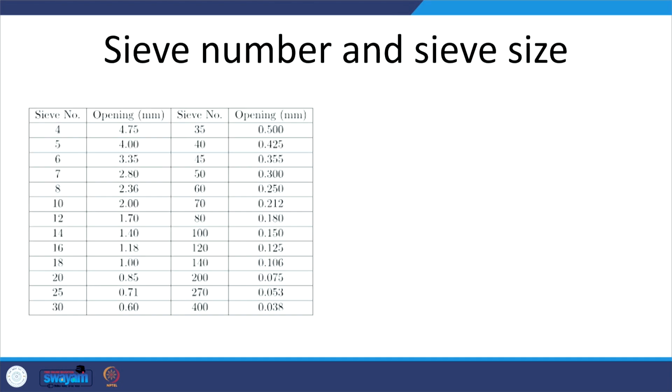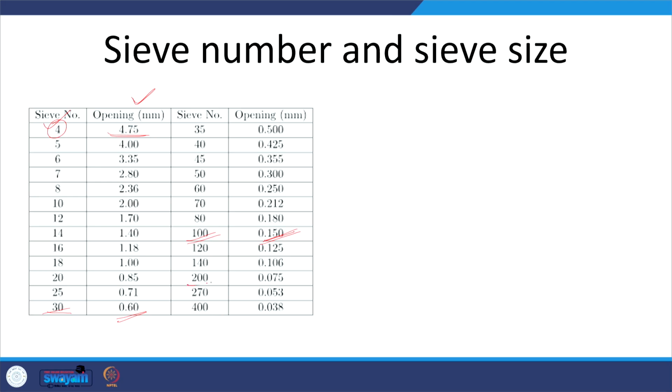So here we can understand the sieve number and its meaning with regard to the opening size. When the sieve number is 4, the opening size is 4.75 mm. When the sieve number is 30, the opening size is 0.6 mm. When the sieve size is 100, the opening is 0.15 mm.